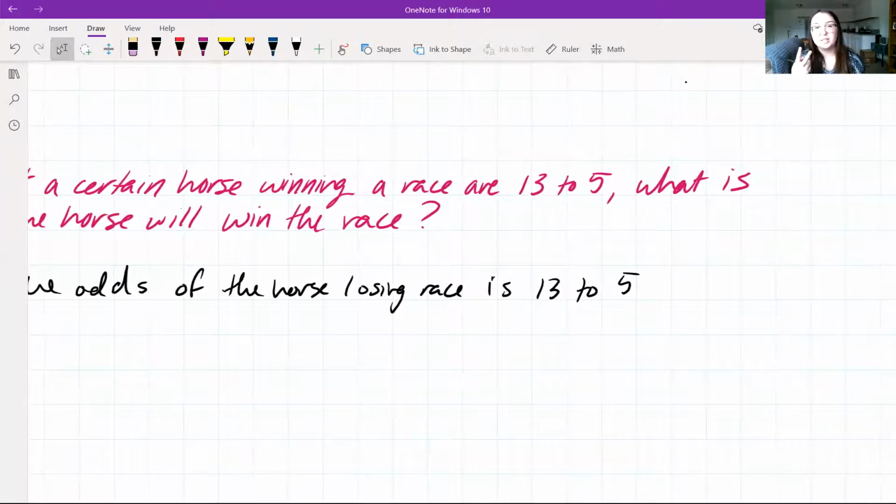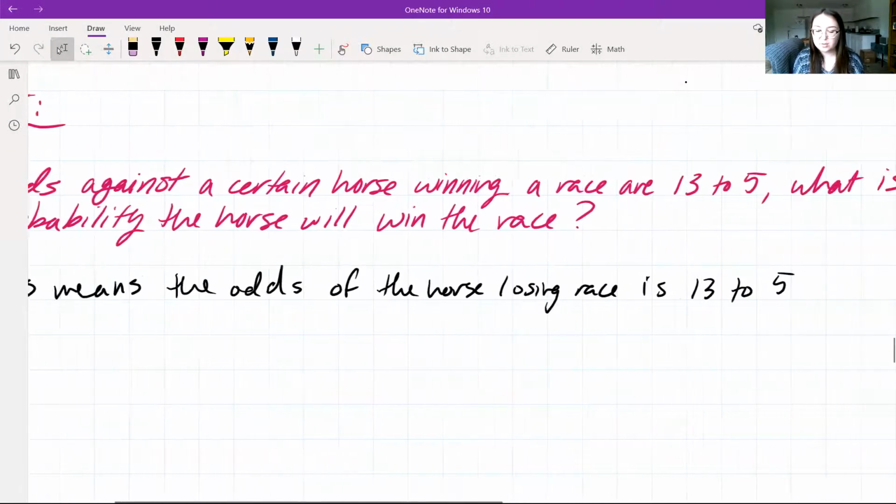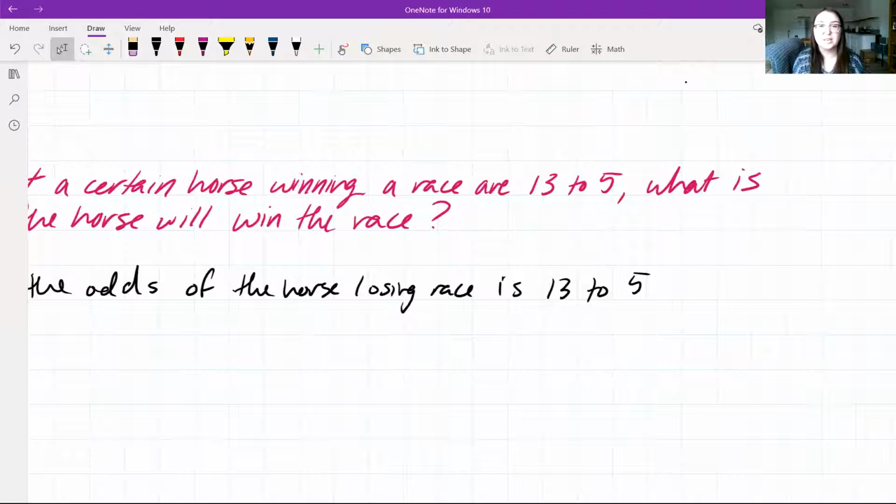So rewriting this, the odds in favor of the horse winning would be 5 to 13, but the odds of the horse losing the race is 13 to 5.